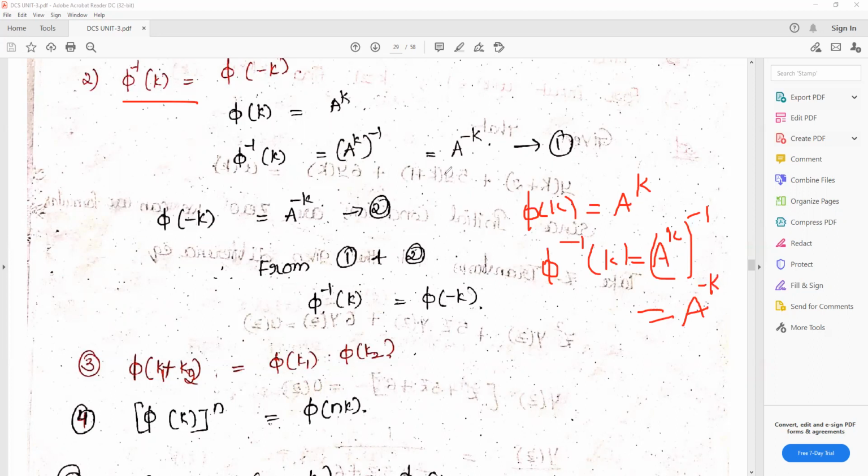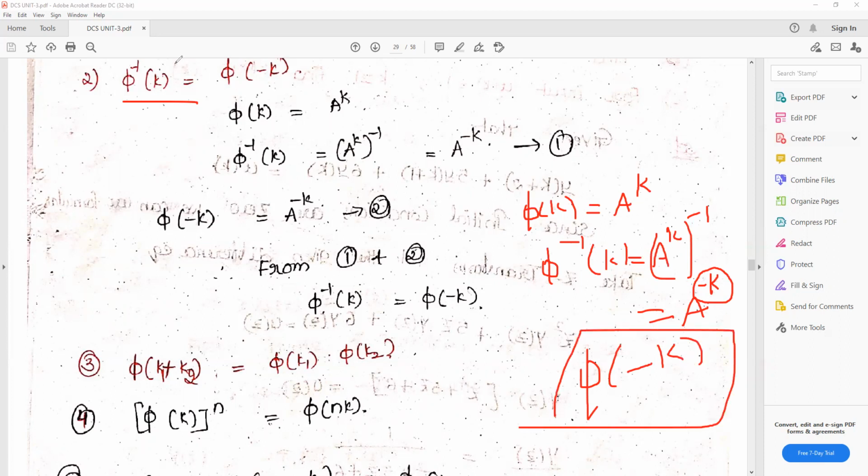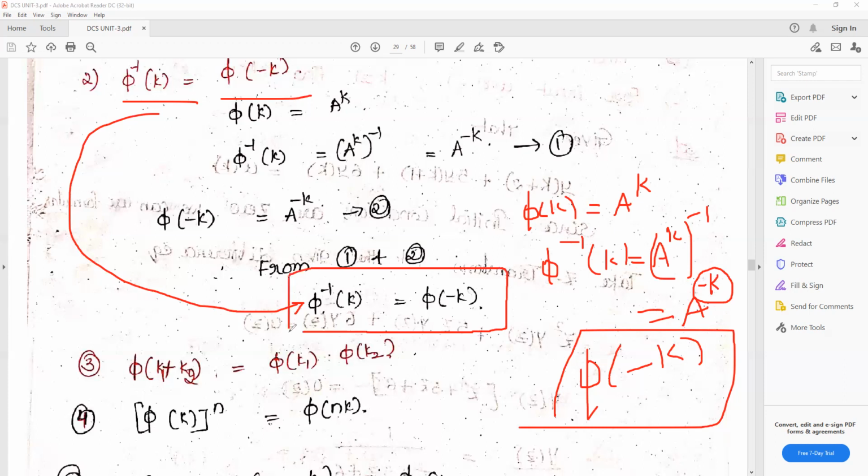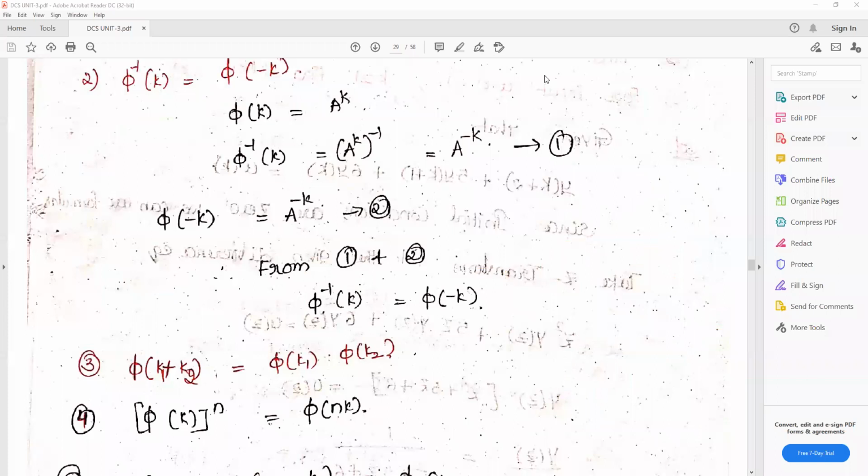So k is replaced by minus k, giving phi of minus k. Phi inverse of k is equal to phi of minus k. The second property is also proved.